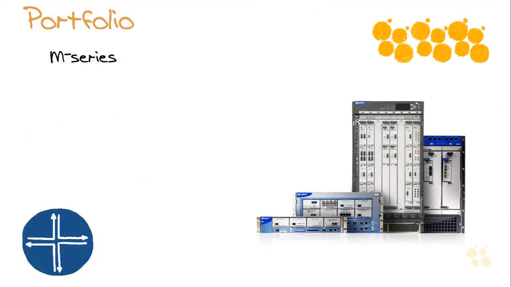Now, transitioning to a discussion of the hardware, one of the first things we learn right out of the gate as we look at the M series devices here is that routers come in all shapes and sizes. That's right. And all kinds of speeds and feeds on these particular devices. The M series from Juniper are enterprise scale routers.